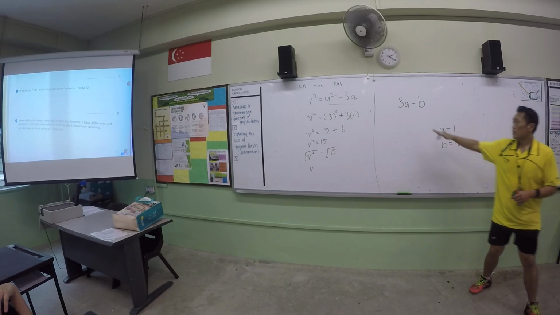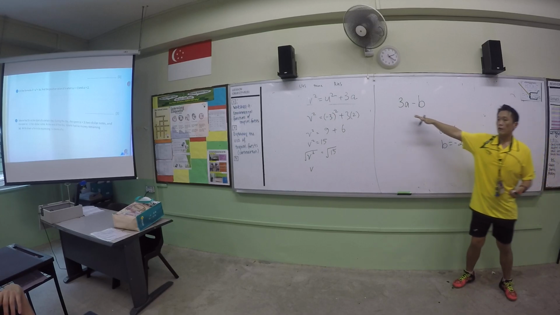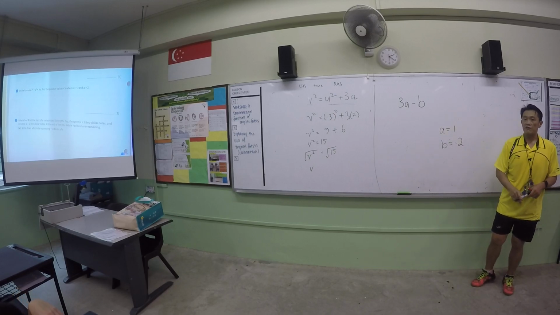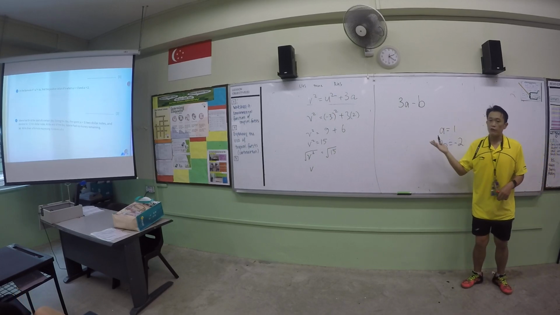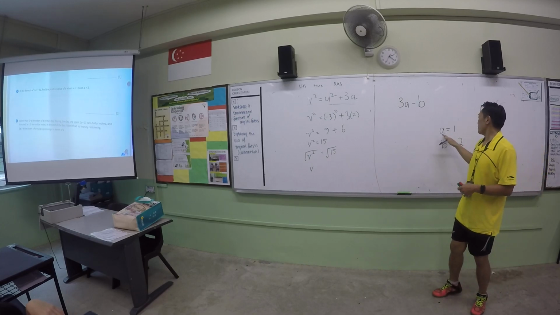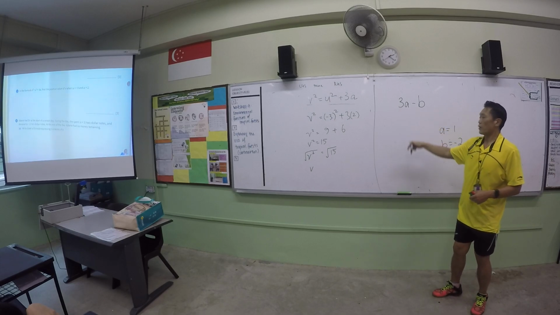Okay? For example, 3A minus B. At first, you don't know what is A, what is B. But after that, I tell you A is 1, B equals negative 2. So how do you do the substitution? You have to put the value of A inside. So this is 3 times 1.